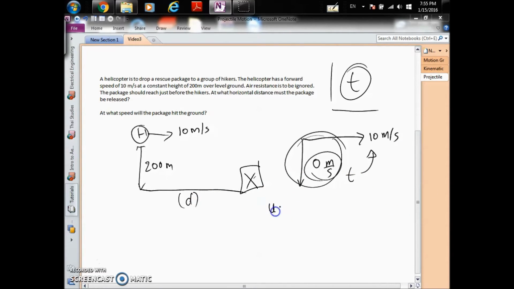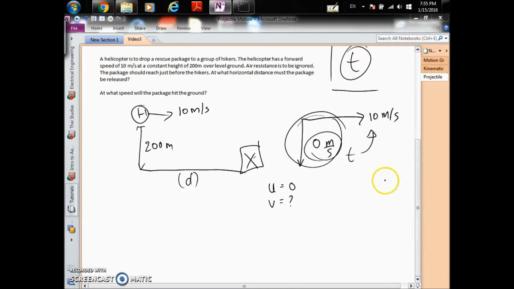So u equals 0, v equals unknown, and s equals 200 meters. And time is unknown. For the more we know, acceleration is 9.81. We're going to keep it positive because we're going to define going down to be positive, okay?